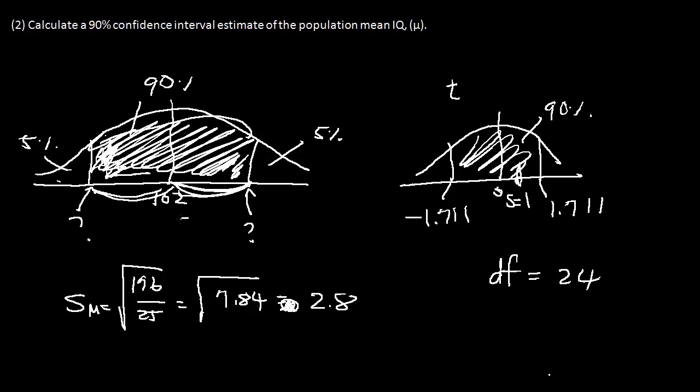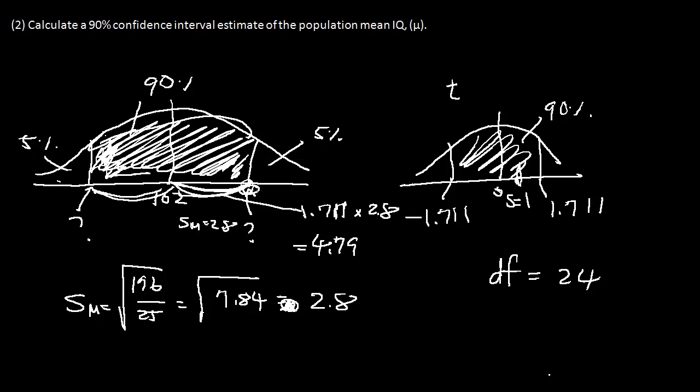So this distance is going to be 1.71 times 2.8, which is 4.79.